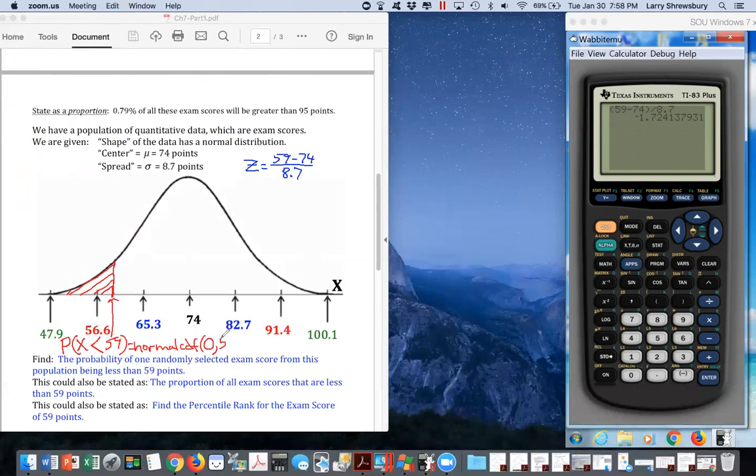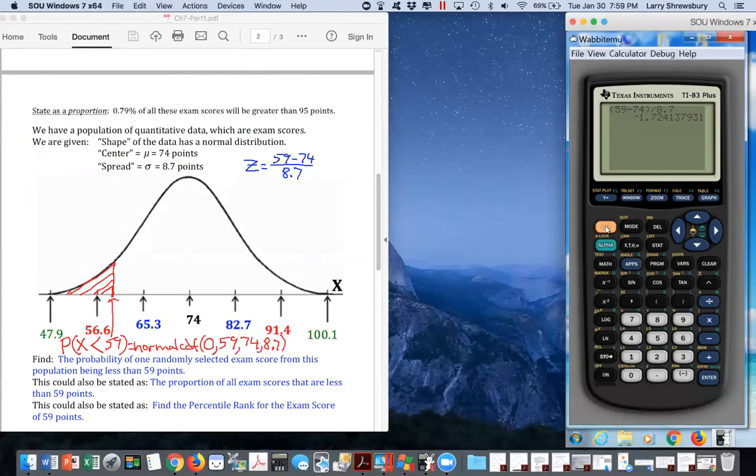So hopefully you're noticing how easy it is to put these numbers in here with the sketch. I can see what would work off to the left. I can see what the upper bound is. I can see what the center and the spread is. And now we're ready to punch that into our calculator.